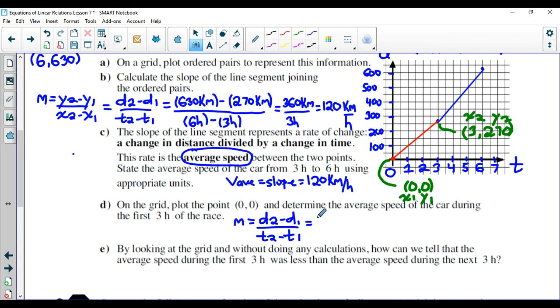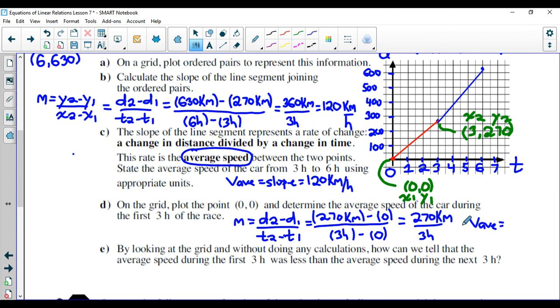So d2 minus d1 would be 270 kilometers, subtract d1, which is 0, divided by t2, which is 3 hours, minus 0. Subtracting 0 doesn't do anything, so 270 kilometers divided by 3 hours.